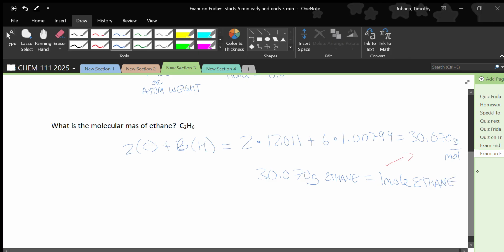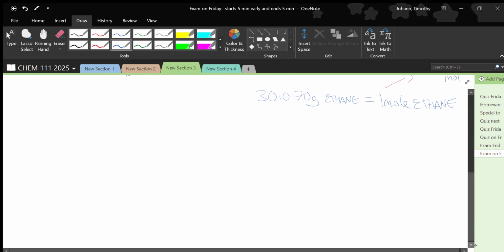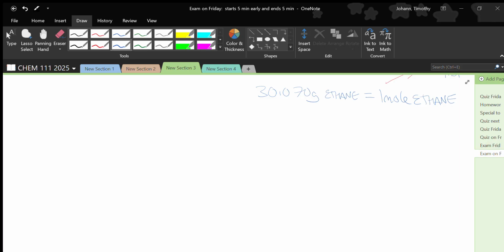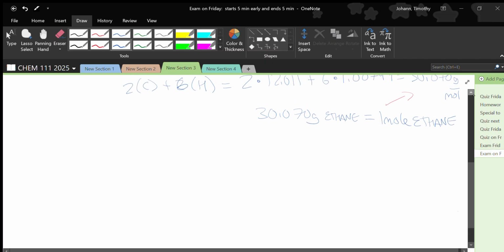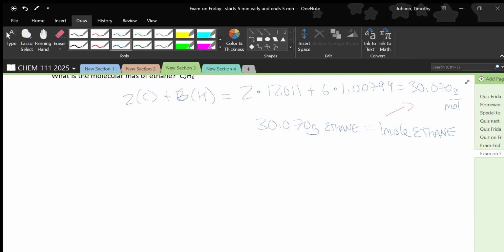That's not really going to be important with the level of problem you've got on this test, but later we'll be doing conversions between different types of molecules, so you want to definitely label what's what. We're not there yet. But I can write that as that. Let me get that all back on the screen. And that'll help me think about it when I use it as a conversion factor.